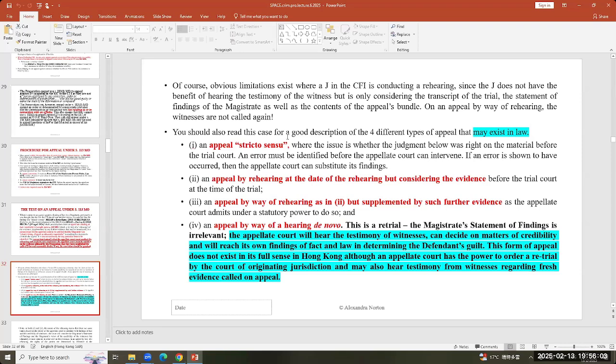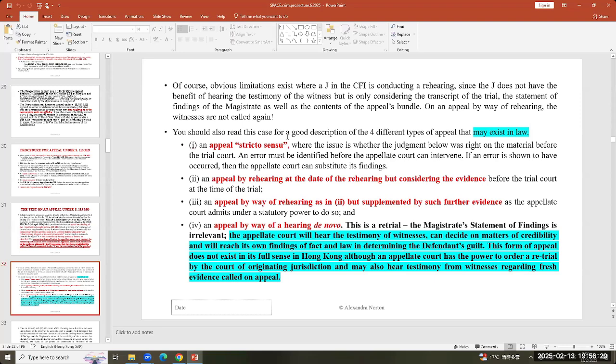But the Court of Final Appeal also talks about appeal by way of a hearing de novo. That's the fourth type of appeal. In it, the appellate court basically conducts a retrial. The witnesses are called to testify before the appellate court, and it reaches its own findings on credibility and fact.